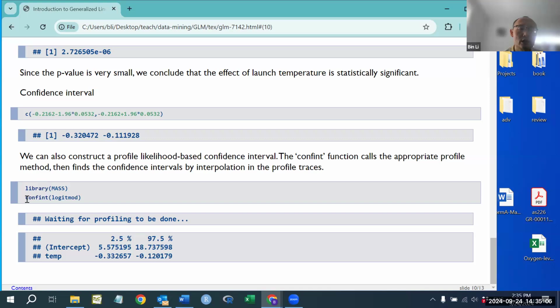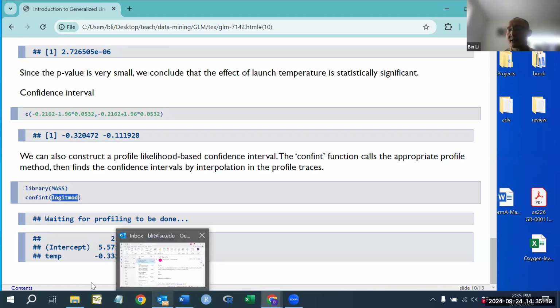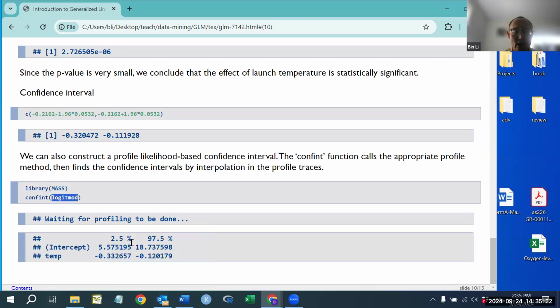There's a function called confint, and this function is in the MASS library. You can do confint for the fitted model, and it will show you the profile likelihood-based confidence interval.